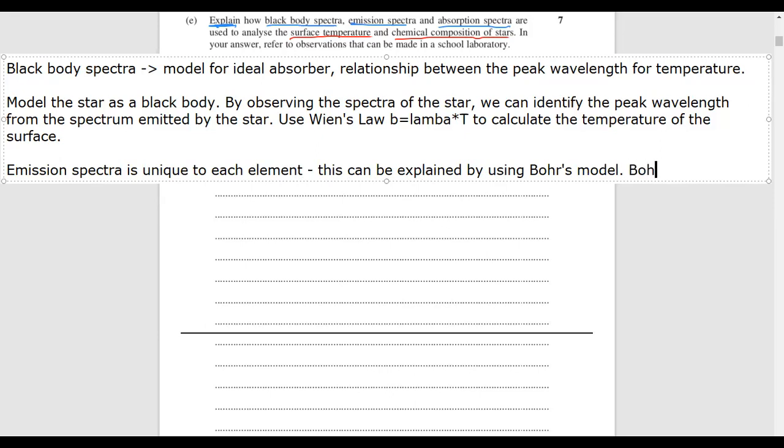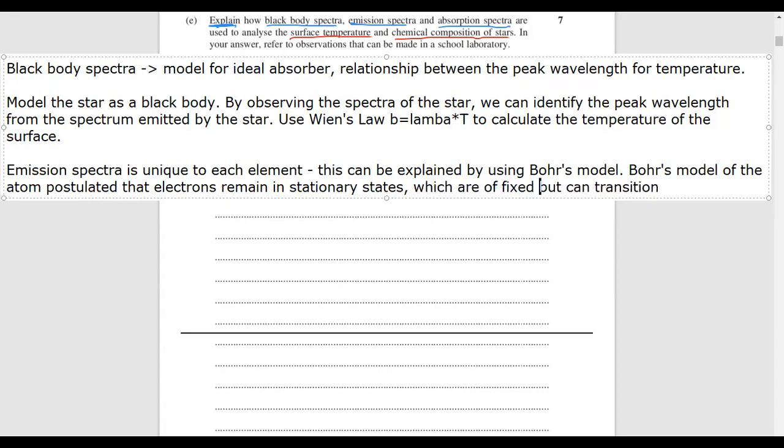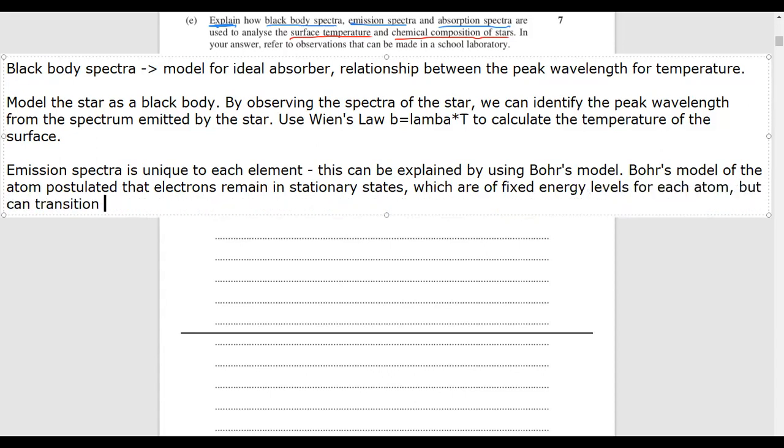So Bohr's model of the atom postulated that electrons remain in stationary states, which are of fixed energy levels for each atom, but can transition between these states through the emission or absorption of electromagnetic waves.